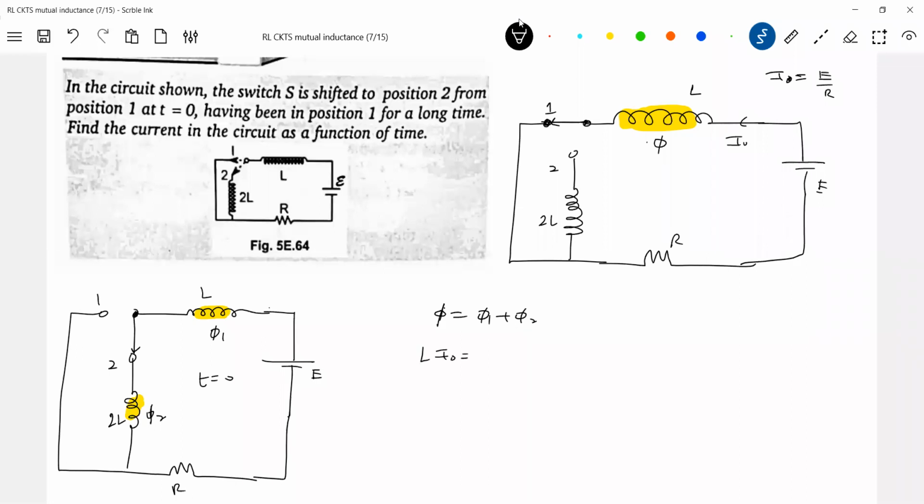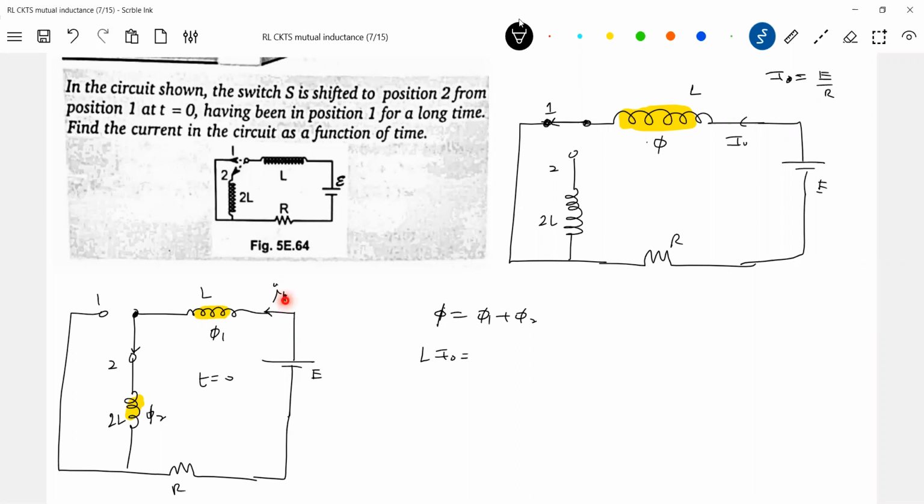Now a current will flow. Find the current, any symbol. Let me write small I naught. Again, you'll be confused, so I'll write I1.